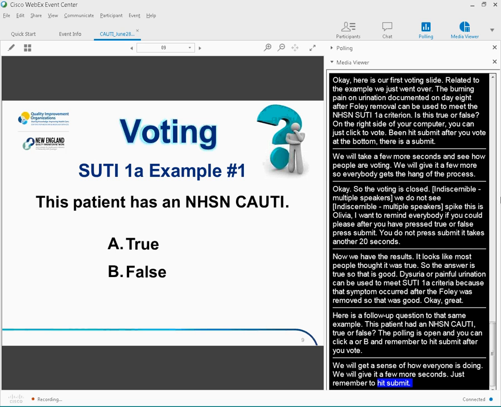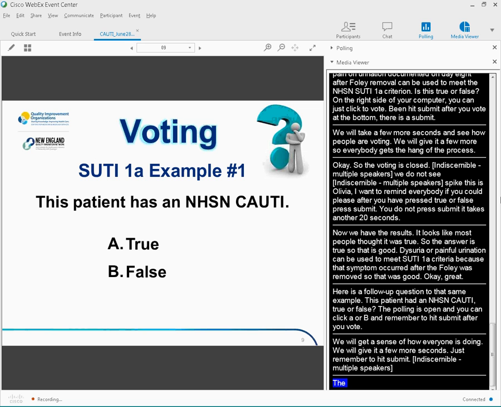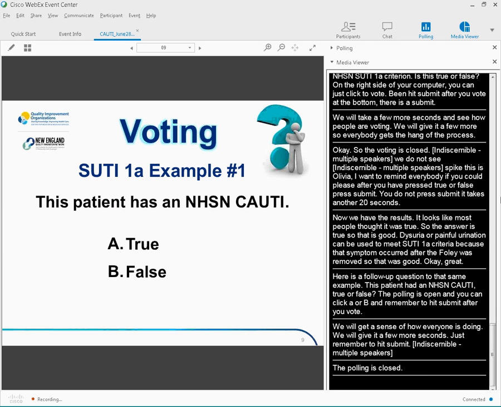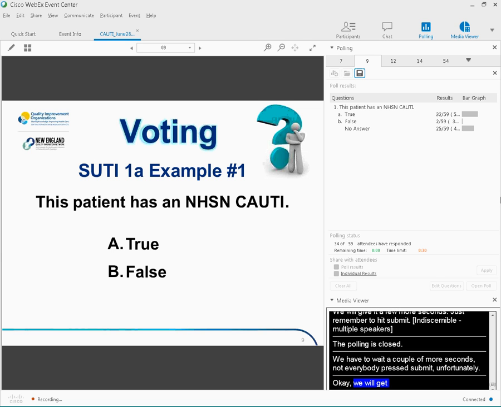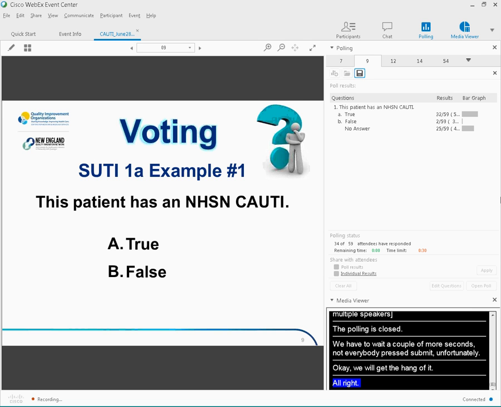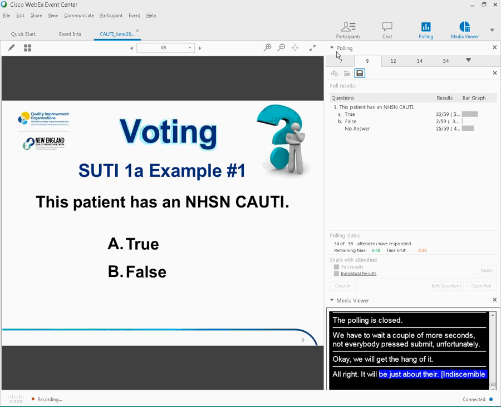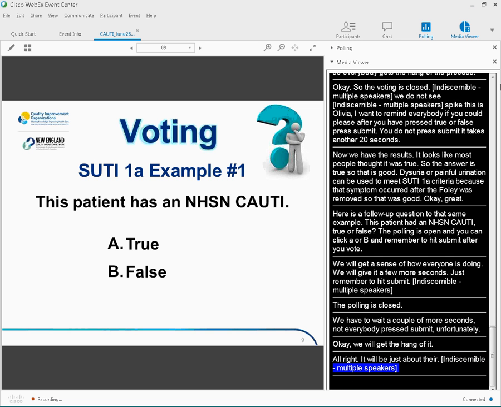And here we are. The polling is closed. And we just have to wait a couple more seconds. Not everyone pressed submit, unfortunately. Okay. We'll get the hang of it. All right. So we should be just about there. Okay. There we go. So it looks like the majority agreed that it was true on NHSN CAUTI.